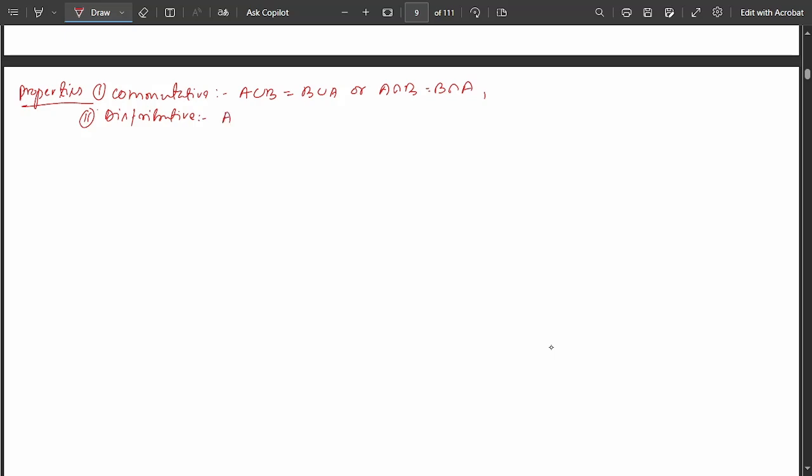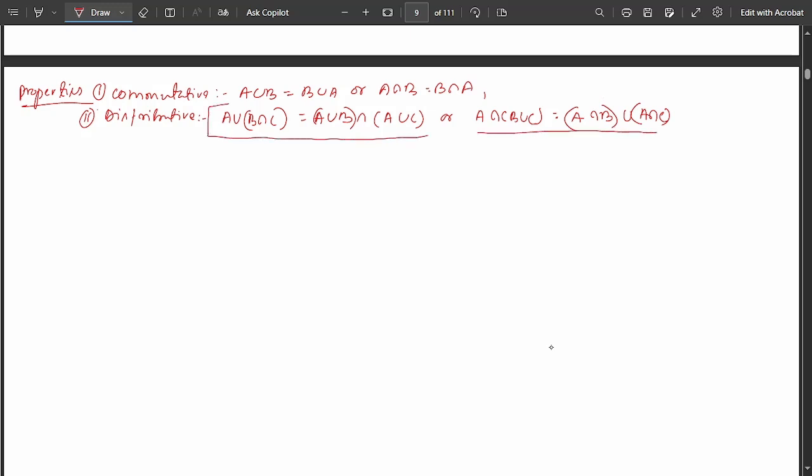A union, B intersection C equals A union B, intersection, A union C, or A intersection, B union C equals A intersection B, union A intersection C. We will prove this one, and this is a homework for you.